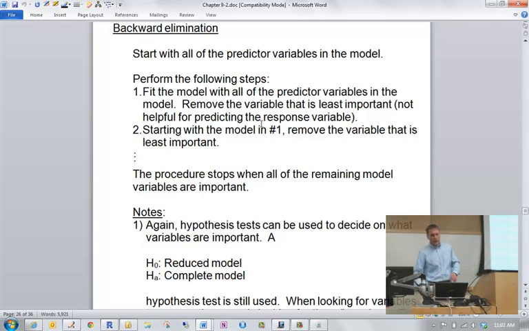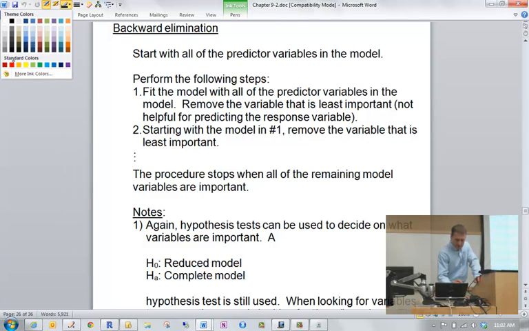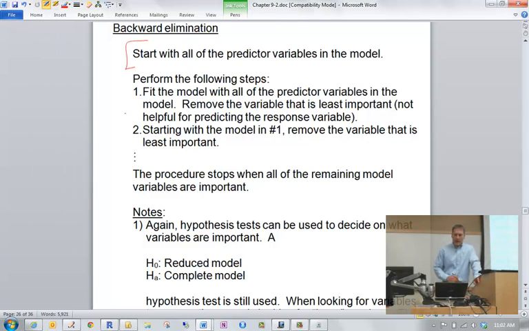Start with all the predictor variables in a model, and then estimate that model and remove the variable that is least important. Then, starting with this new model that you just found, that has one less variable in it, look to see if there are any variables that are non-important. Remove one of them. And then you keep on going to a point when you cannot remove any more variables because all the variables remaining are important.